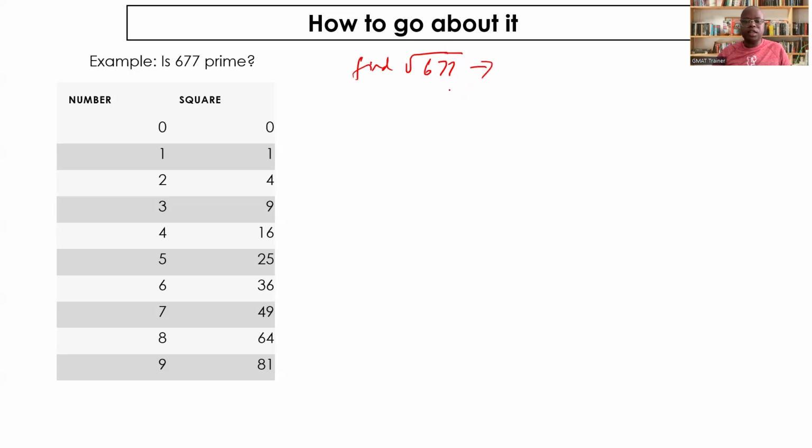One of the quick ways to find the square root of a number is, the first thing is to check the last digit of that number, and then look for the squares of numbers between 0 and 9. If the last digit corresponds to the square of a number, then most likely it could be that.